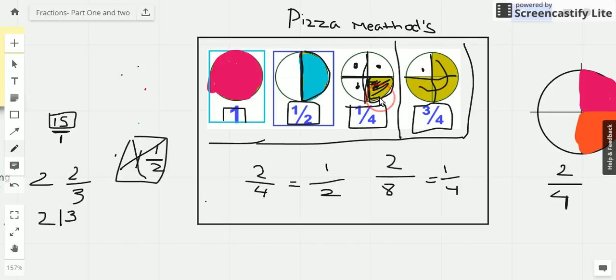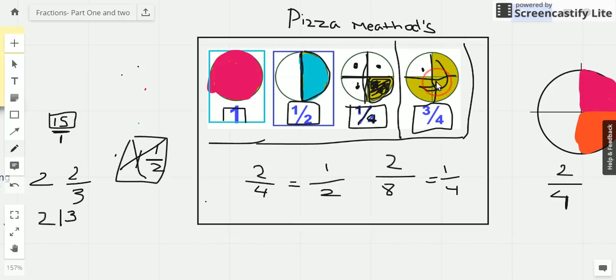Realize that when I colored this in, there are four slices. That's what becomes your denominator for this type of number. And your numerator is one, because one slice of the pizza out of the four slices has been eaten.